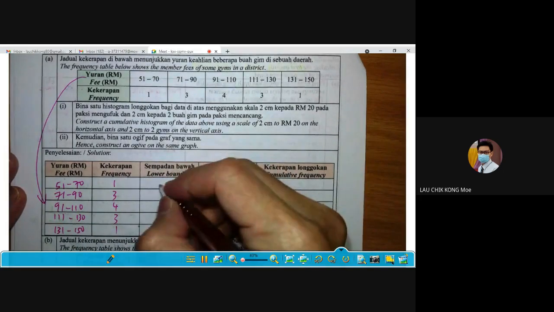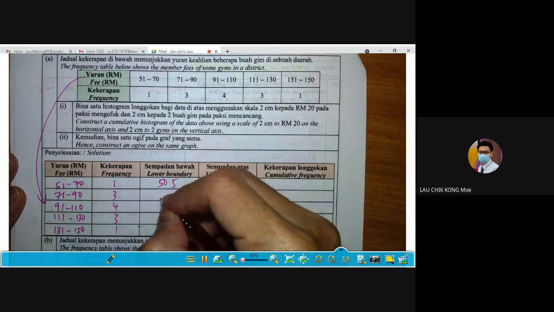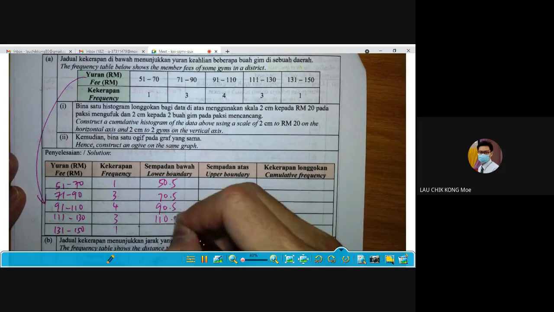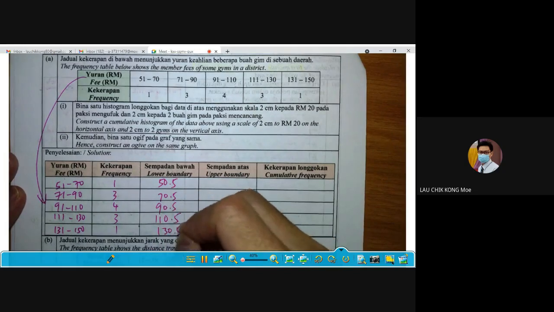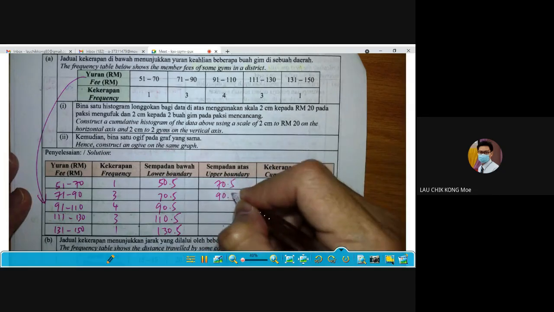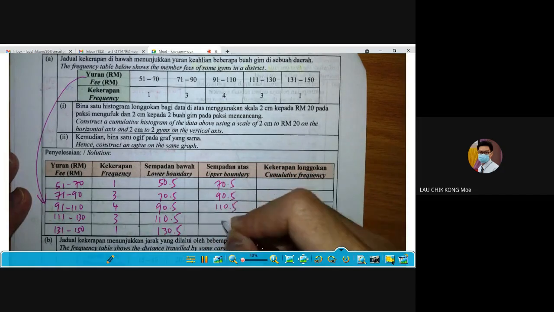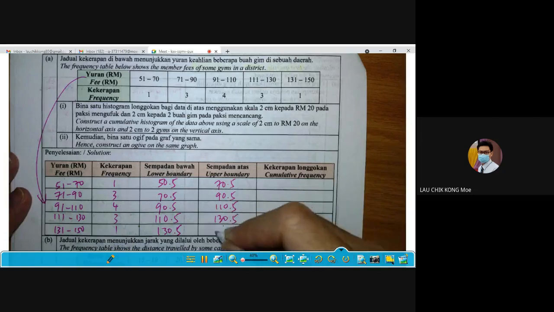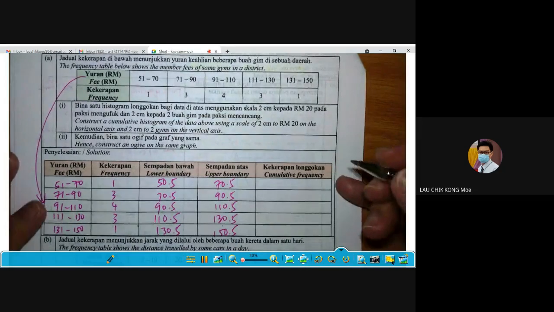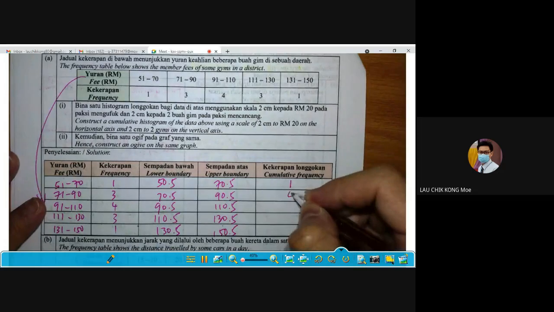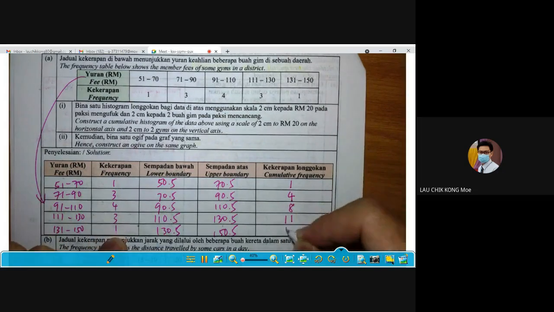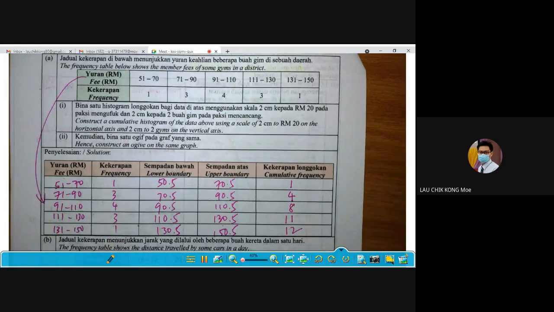Lower boundary 50.5, 70.5, 90.5, 110.5, 130.5. Upper boundary 70.5, 90.5, 110.5, 130.5, and 150.5. The last one, cumulative frequency 1, 1 plus 3, 4, 4 plus 4, 8, 8 plus 3, 11, 11 plus 1, 12. Okay, very easy.